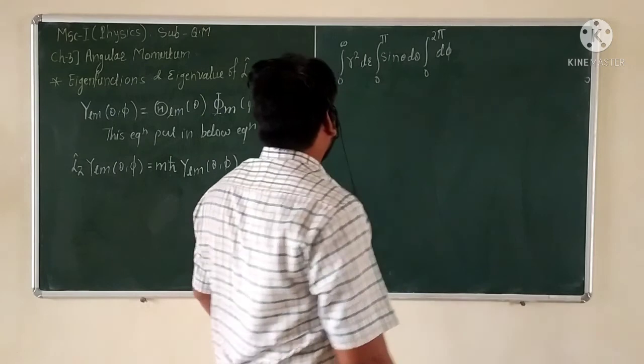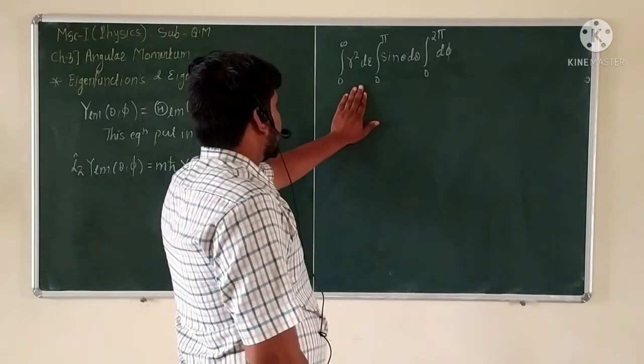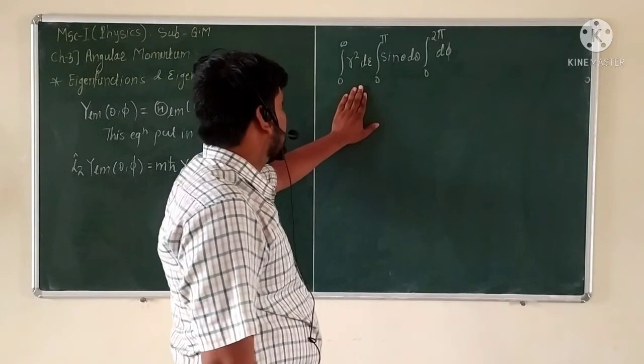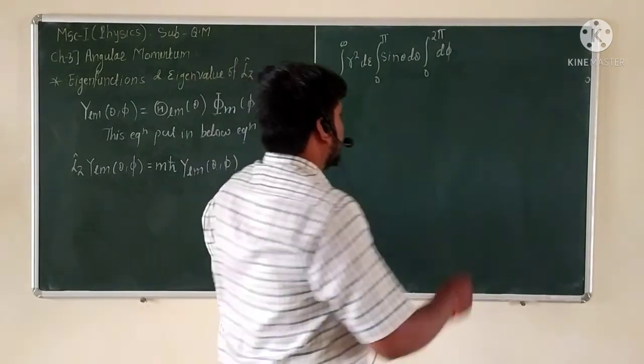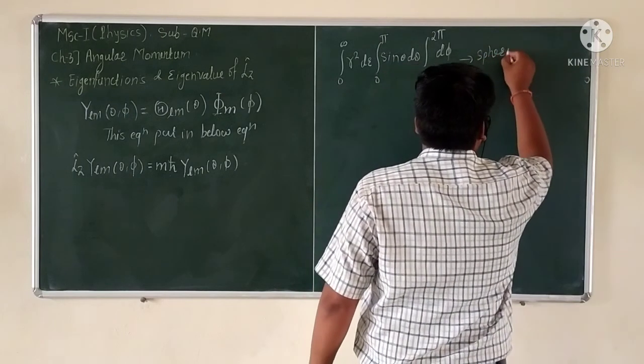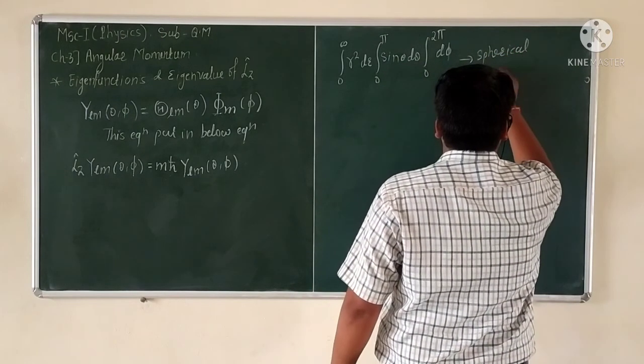This r square is considered as the radial part of the given spherical harmonic equation, which comes from the property of the spherical harmonics.